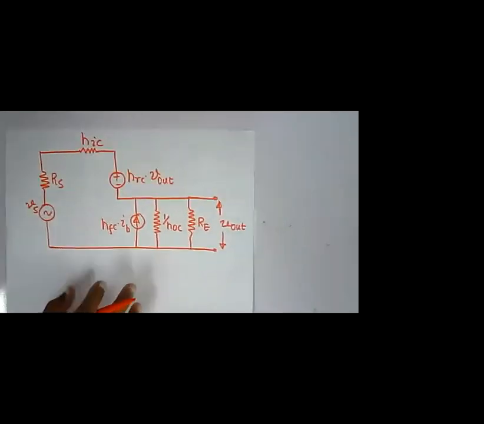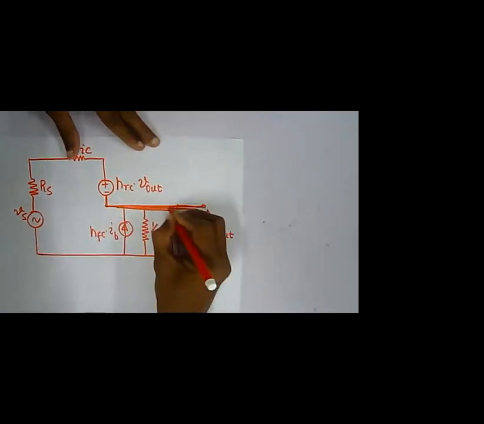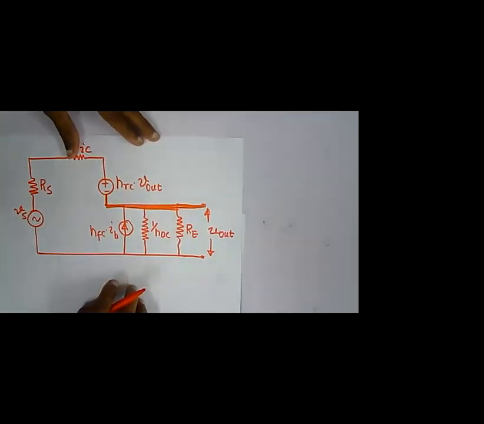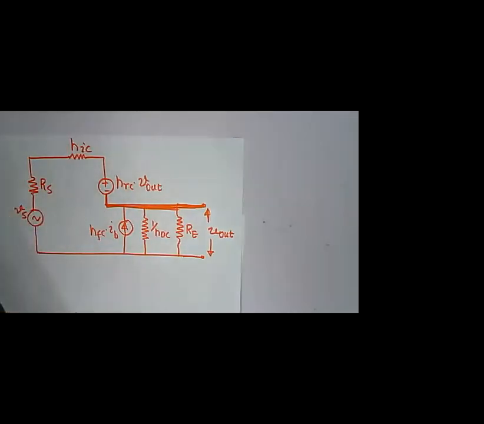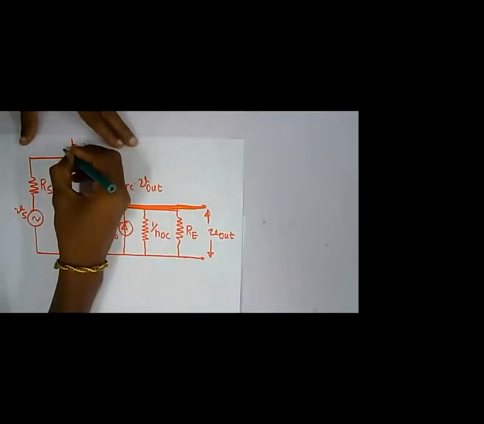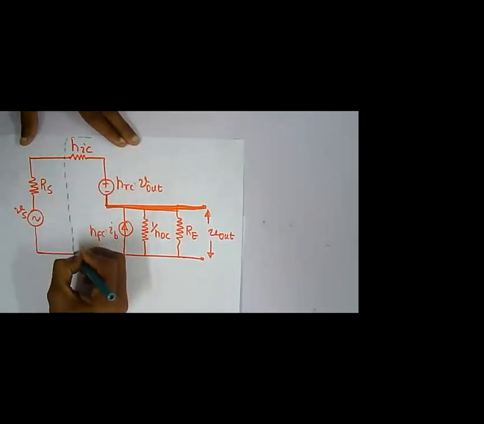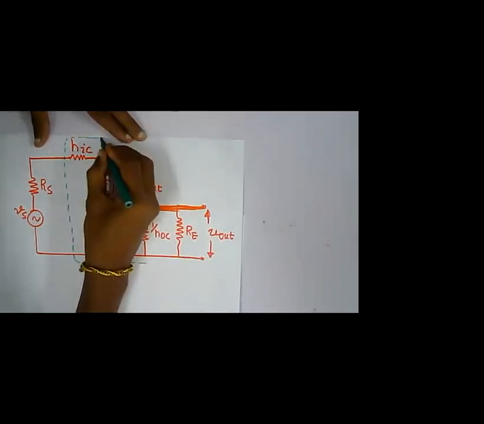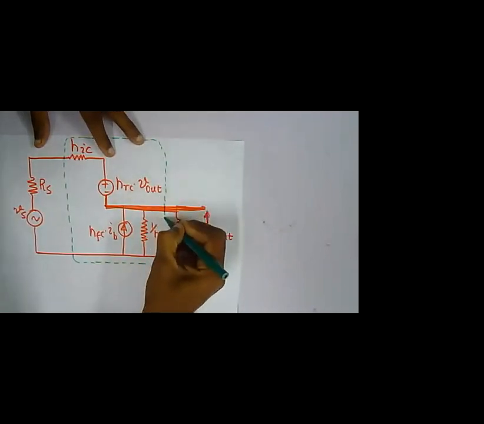Clear? So you must know how we can draw this circuit from the equivalent circuit. So this is my VS. Now what I can do is as I did earlier, hIE, hOE.